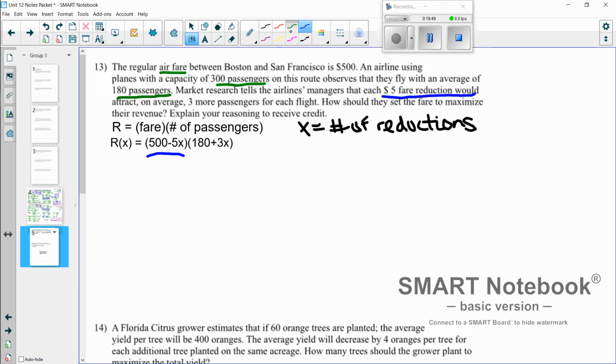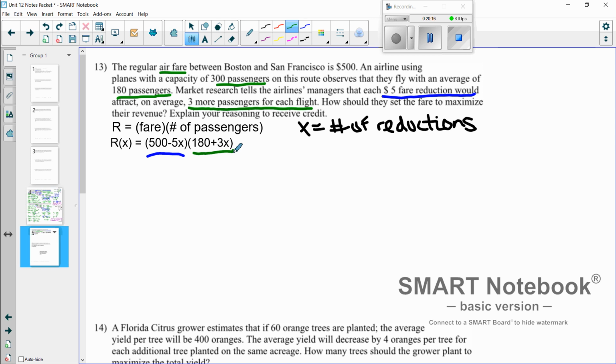And then our passengers are affected by the number of reductions because on average, after the 180 are on there, 3 more passengers are added to the flight. So the number of passengers is 180 plus 3 more passengers times the number of reductions. That's how the reductions are affecting the fare and the number of passengers.